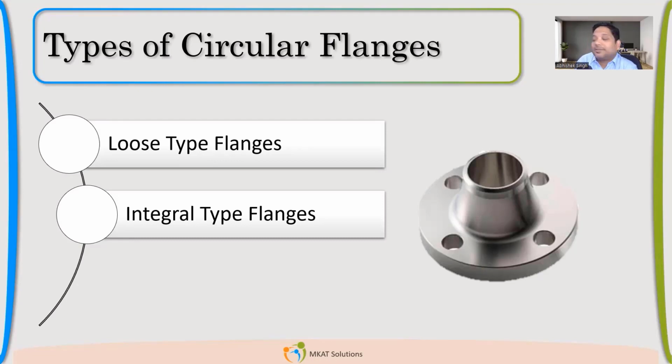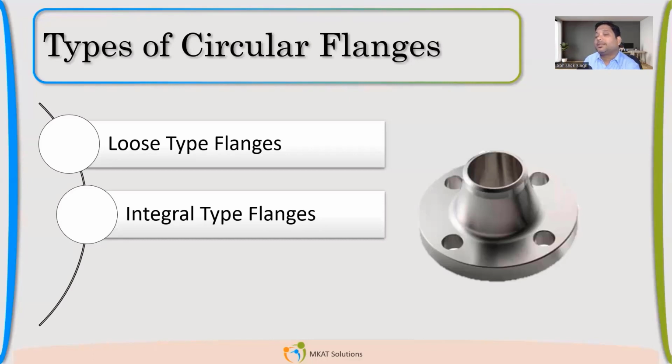So integral, like the word itself explains, is an integral part. There are no two parts in that. In loose type, there is a neck, which is different, and a ring, which is a flange. Both are different parts. While in integral, it may be a different part, even the same construction as loose, but if you have welded it with full penetration, it becomes an integral part.